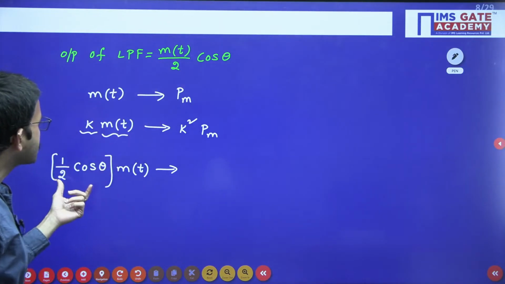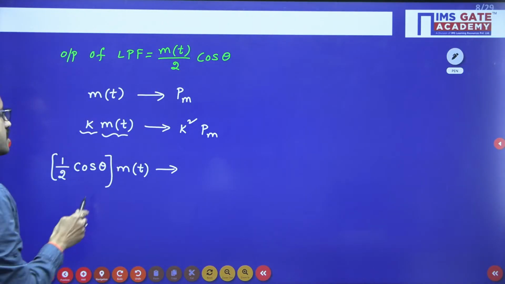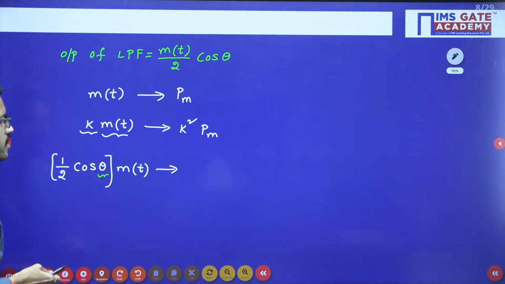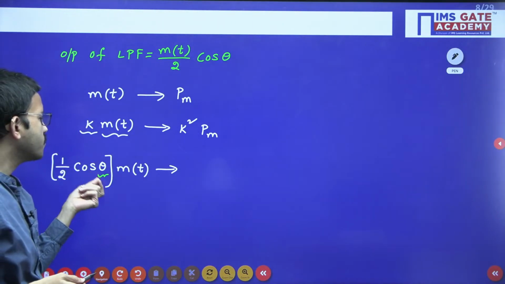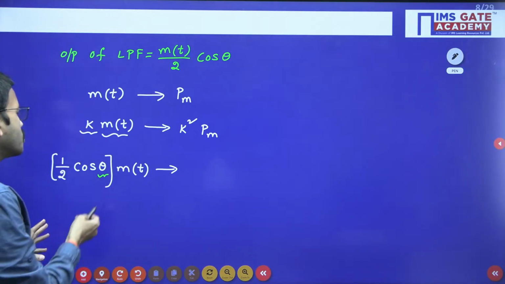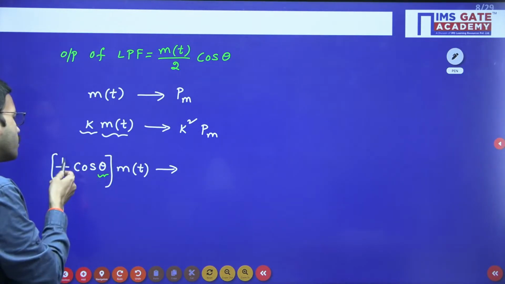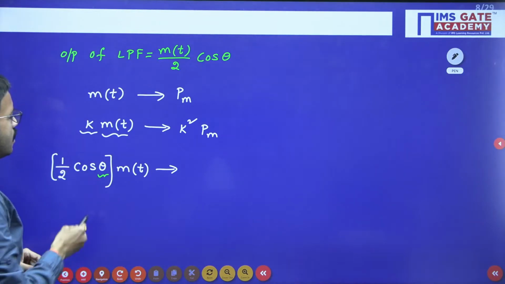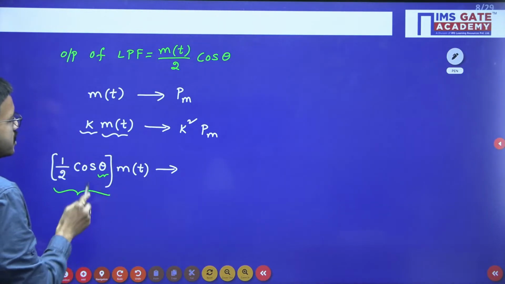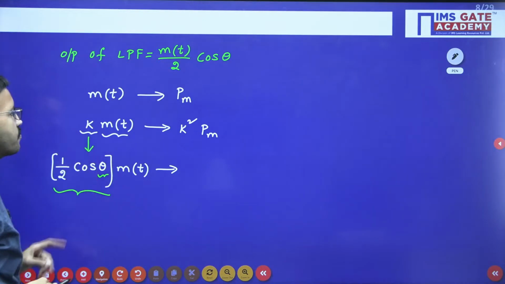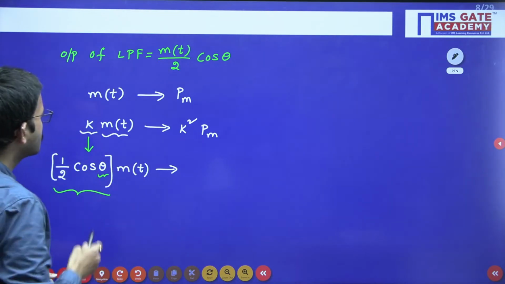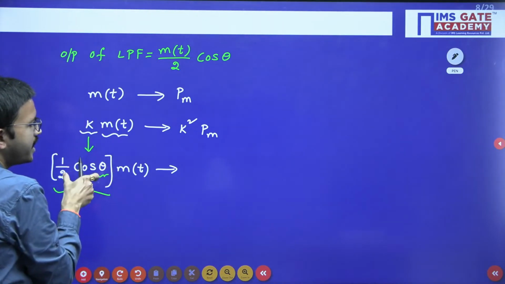Here theta is the phase angle, so you will be having some fixed value, right? So cos theta is a constant, and 1 by 2 is also constant. So this overall term is constant, just like the constant k in the earlier term. So you are having a similar format, k times m of t.